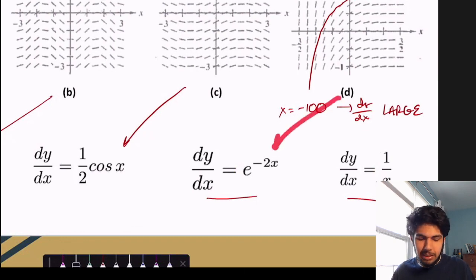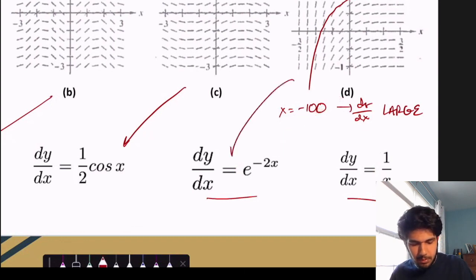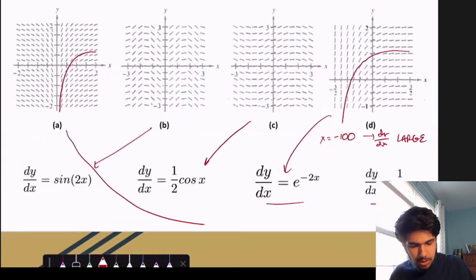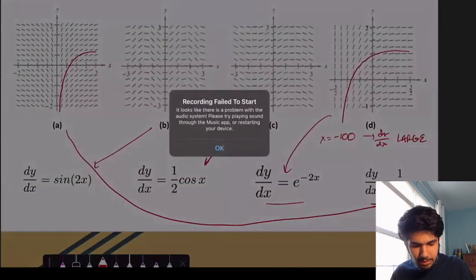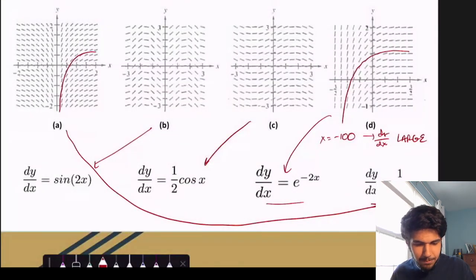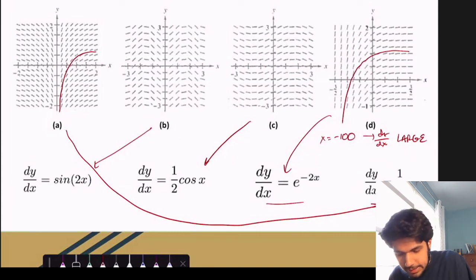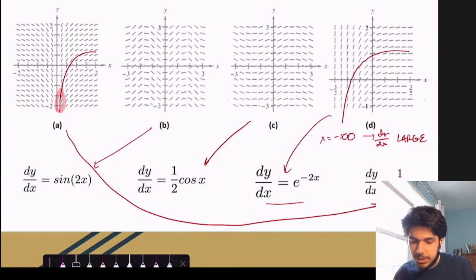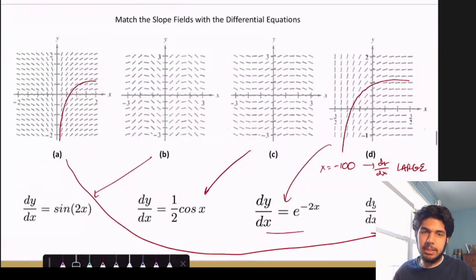So that means D matches with this, and A matches with this. And just to show why A matches with this, when x is close to 0, our slopes are very large. And indeed, when we put in a value close to 0, 0.01, 0.001, we get a very high slope value. So that would be matching slope fields.